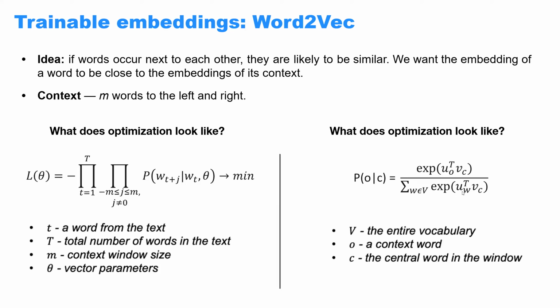In the lower part of our fraction, we have an exponential sum of the dot products of the center vector with all vectors from our vocabulary. This is a very computationally difficult operation. However, there are a lot of smart approximations that lower this computational difficulty.